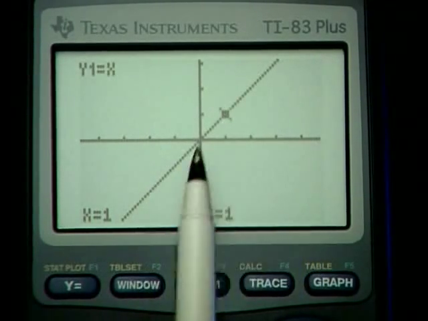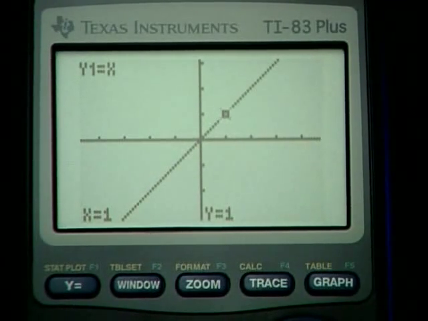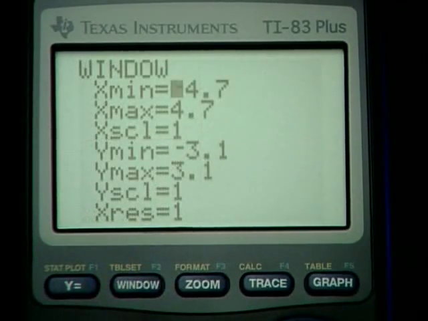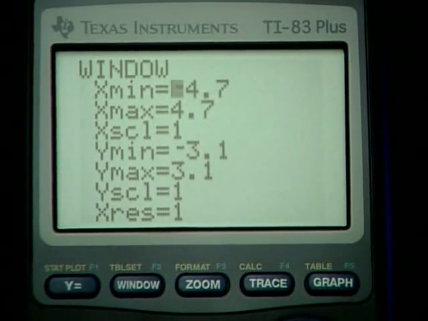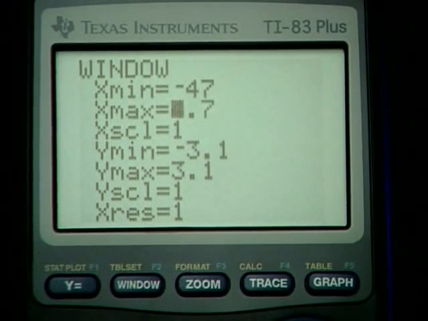Now, that's related to the calculation of that total horizontal distance for friendly values. Let me go back to the window setting, and I said there are 94 steps. Well, suppose I take half of 94. That's 47. And I set this at negative 47, and then this at 47.